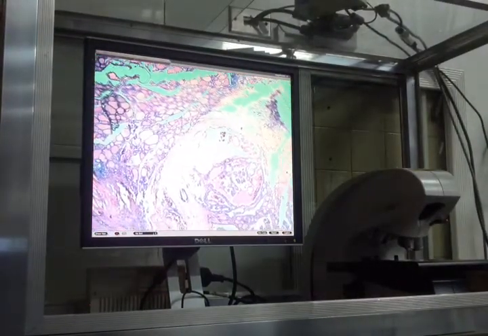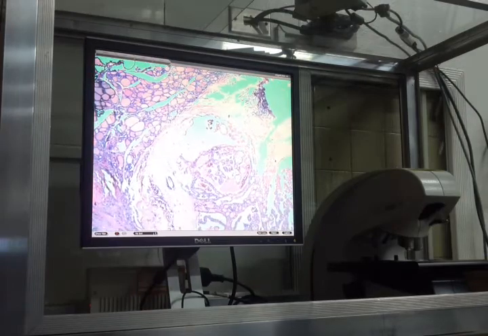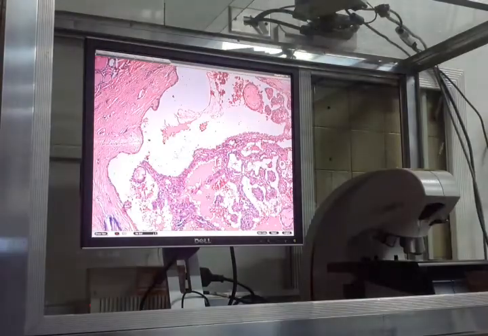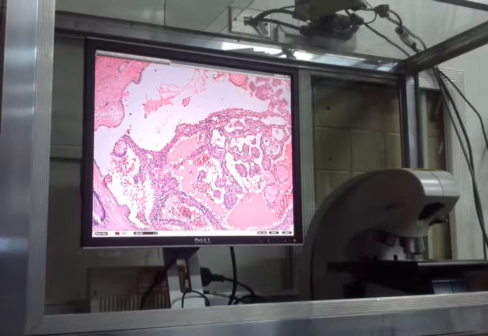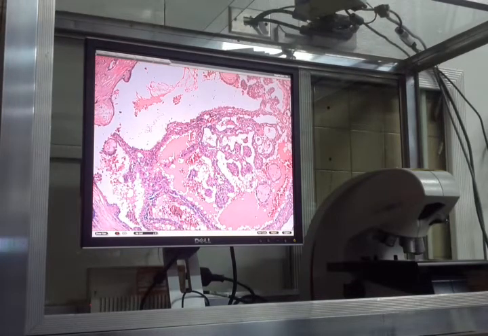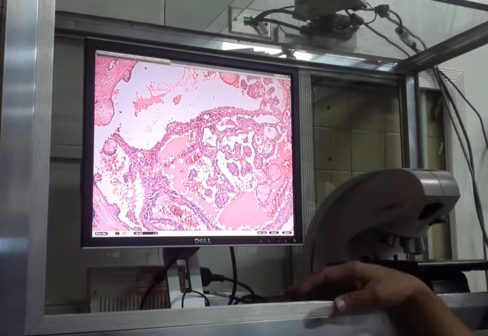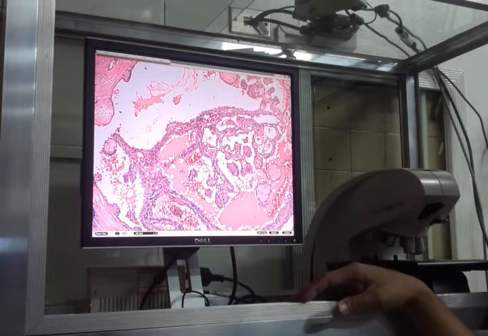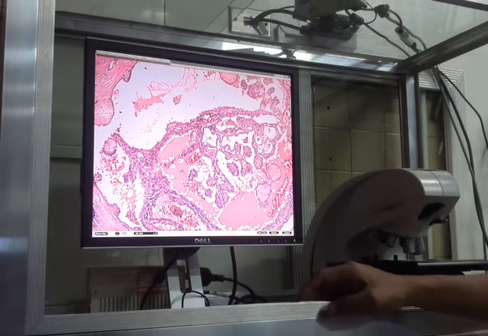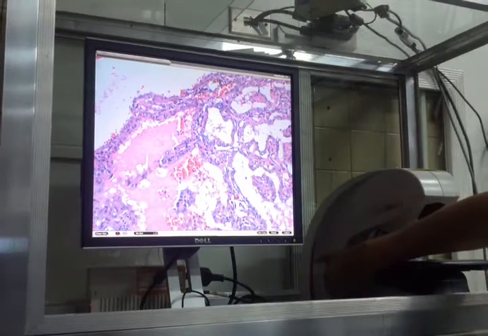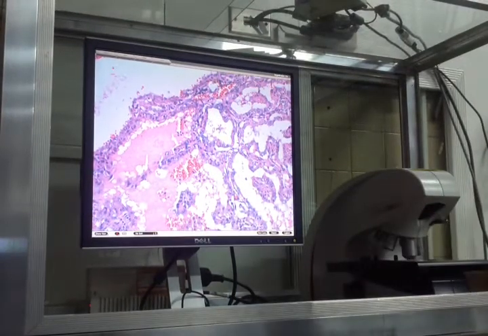Diyan nga, dito na. This is another form. You saw the cribriform pattern, right? Nakita niyo yung cribriform pattern. Yung cribriform pattern, solid, tapos may maliliit na butas. That's cribriform pattern. Here you have higher magnification. Another pattern of adenocarcinoma.